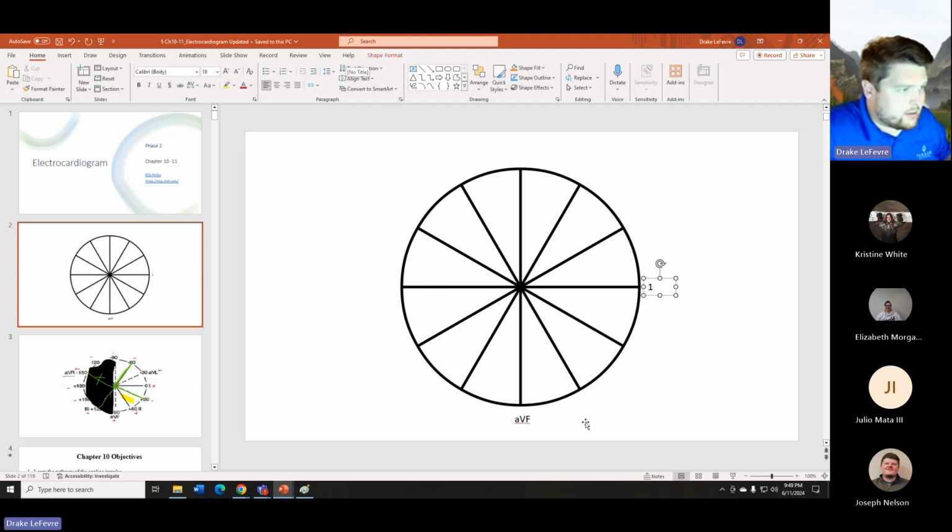Lead 1. Specific lead 1, positive. AVF, positive. Negative. It's going to take me a second to set up, but I think this will be a little nicer to start out with.